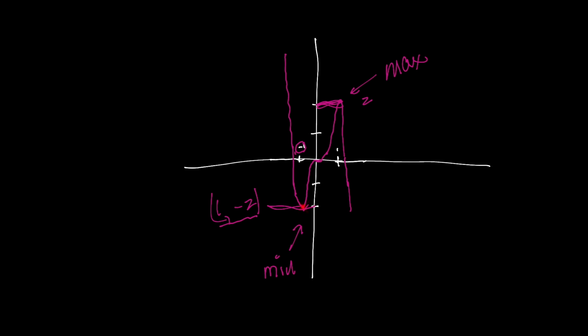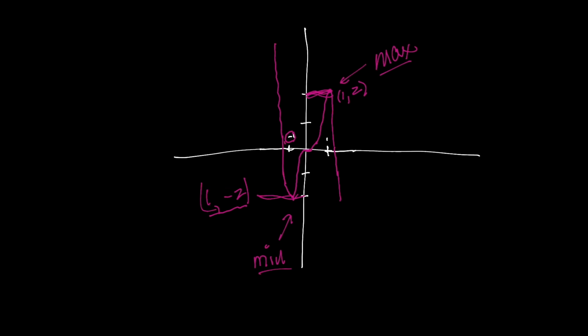We have a relative minimum, right? It's concave up, and it comes up to an inflection point right here, and it's concave down to the left, concave up to the right, and then it goes up above the 1, so it's at 1, 2. So the critical value is positive 1. The critical point would be 1, 2, and that's a relative maximum.